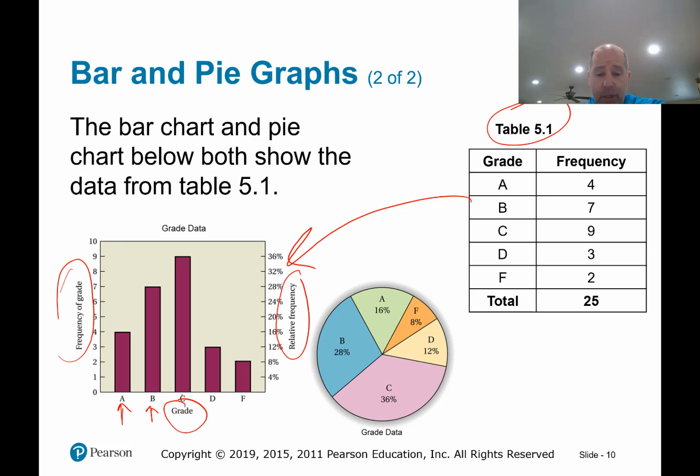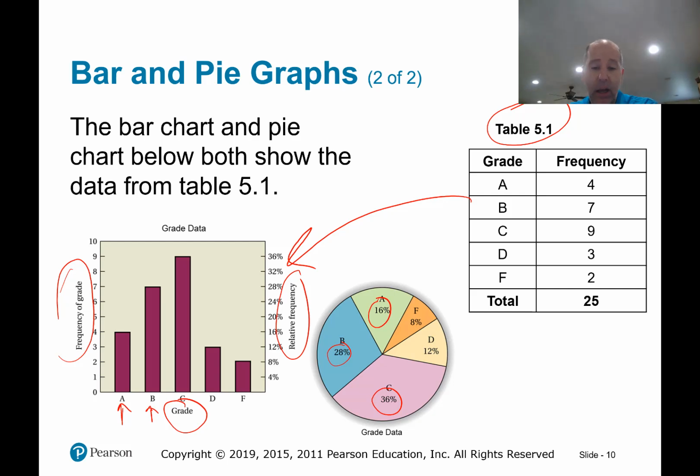And then with the pie chart, we use relative frequency. If you look at the C's, we see that 36% of the class got C's. In fact, if you add up both the B's and C's, we see that over half the class got B's and C's. And if you add up the A's, B's, and C's, you can see that the majority of the class definitely got a passing grade, so only 8% and 12% got D's and F's.